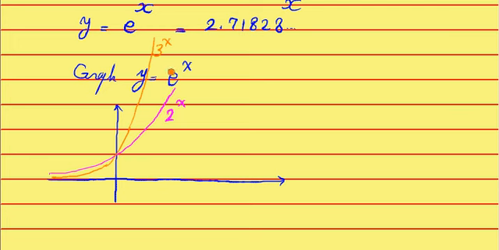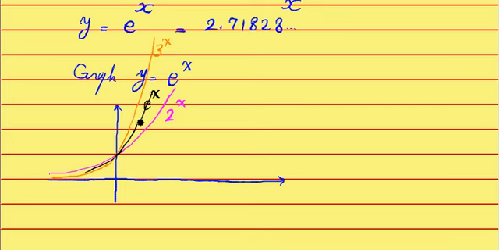Given the fact that e is somewhere between 2 and 3, we expect the graph of e to the x to also be somewhere between these two graphs. So the graph of this function is going to look approximately something like this. So this is e to the x.